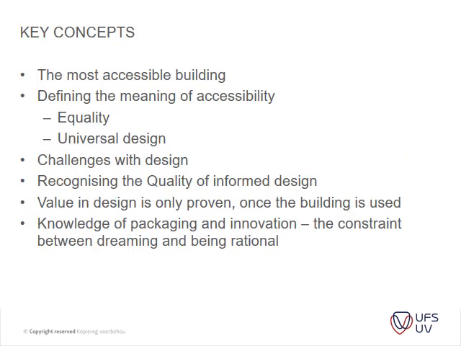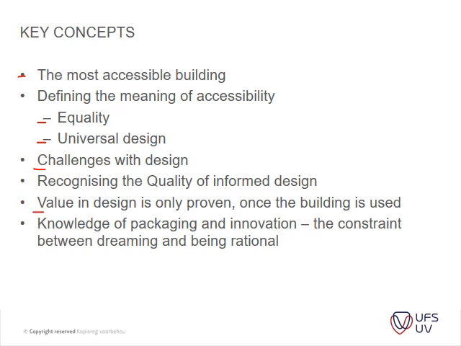Then the chapter highlights a couple of concepts. The most accessible building, like I said, is what the chapter is all about. It tries to define the meaning of accessibility. Is it about equality? Is it universal design? It highlights certain challenges they experienced. It recognizes the quality of informed design, and that the value of the design is only proven once the building is used.